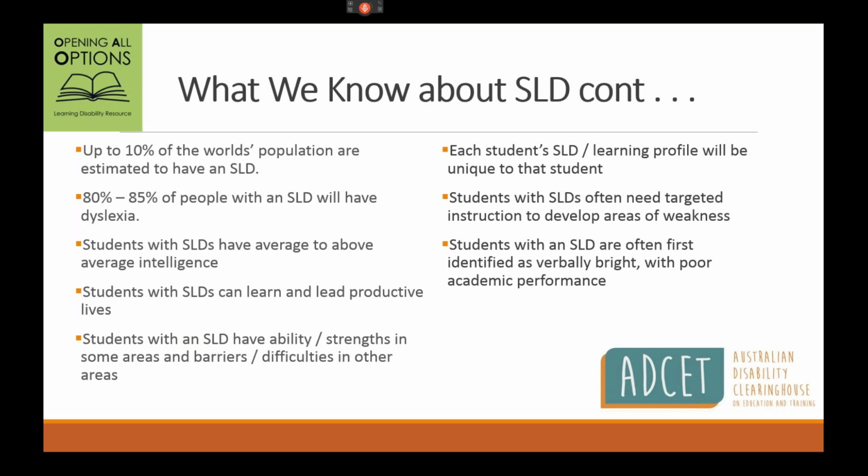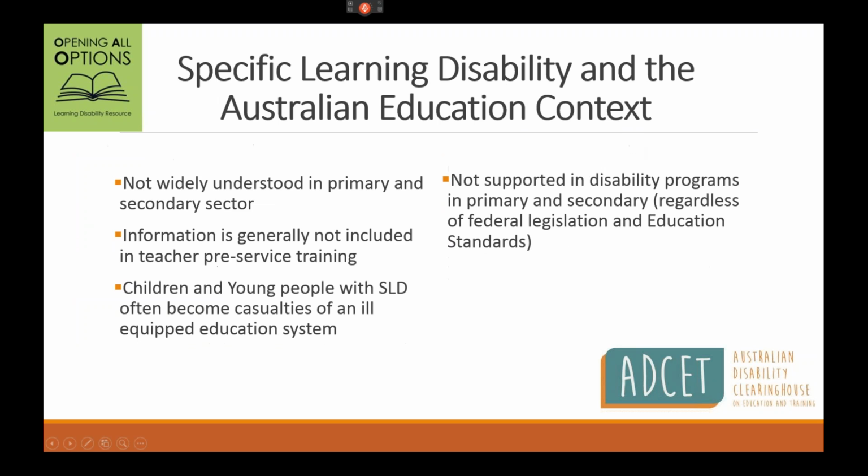Now, the education context in Australia, we won't go into this in great detail, but Australia is so far behind the rest of the English-speaking world. We are yet to formally recognise specific learning disabilities such as dyslexia in our primary and secondary systems. We're only just now seeing a really strong federal push down to the states to start to embed awareness.